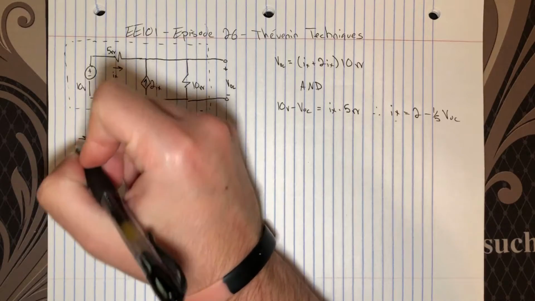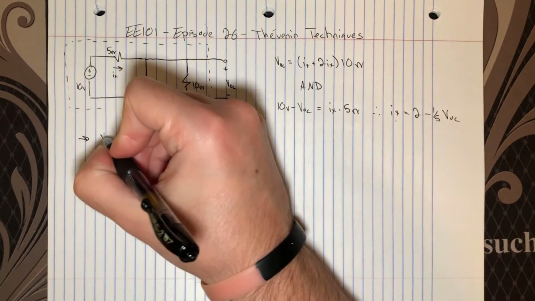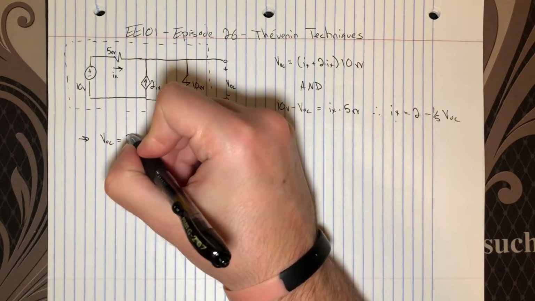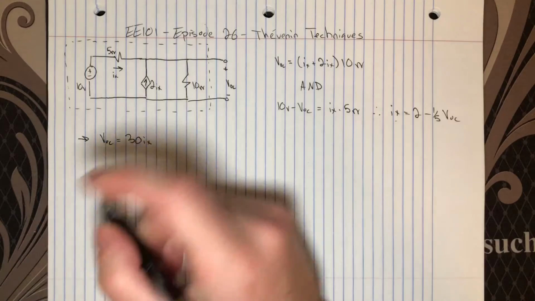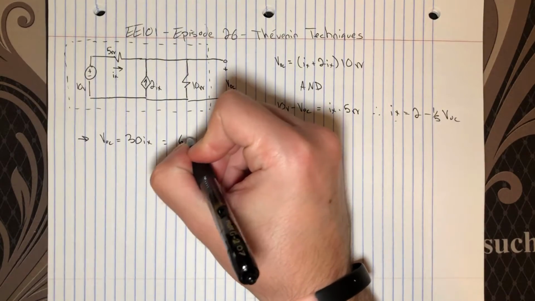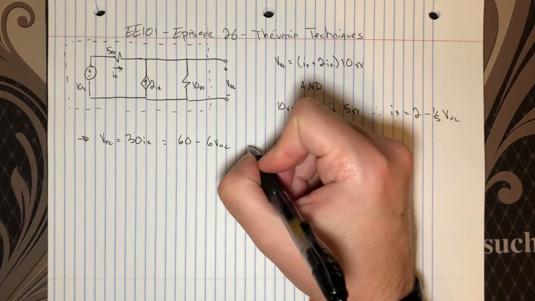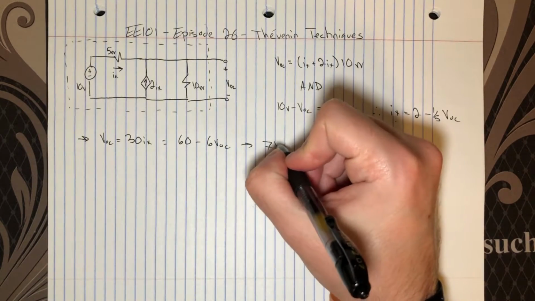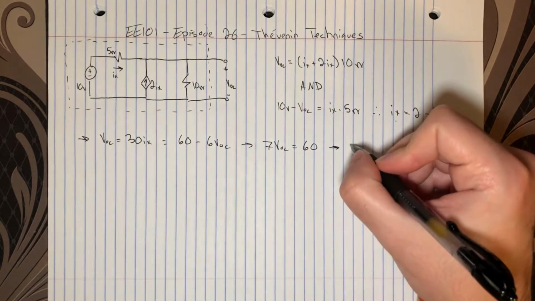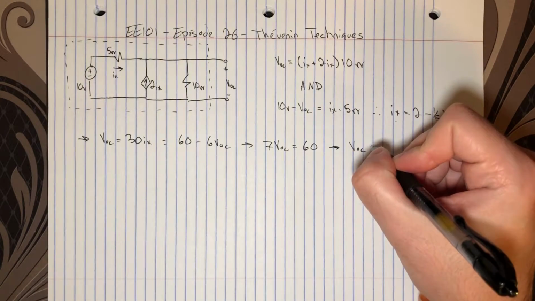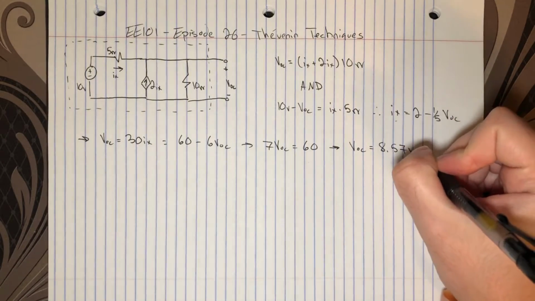And then what I get is essentially that we have VOC equals 30 IX, and then we just bring that in, equals 60 minus 6 VOC, so 7 VOC equals 60, and VOC equals 8.57 volts.